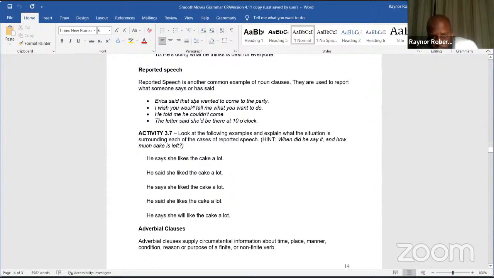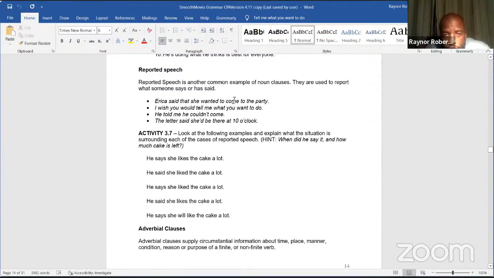These are all examples of noun clauses, reported speech: basically, what somebody else said. Erica said, he said. And here we're using that as a necessary clause. Erica said that she wanted to come to the party, or you can just say Erica said she wanted to come to the party.